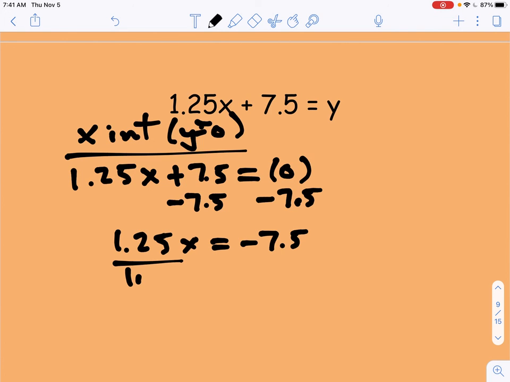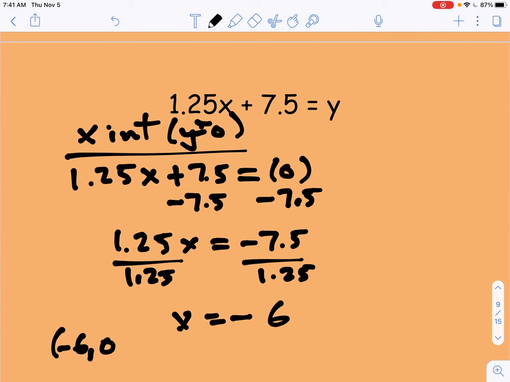We're going to divide both sides by 1.25. 1.25 goes into 7.5, I want to say 6 times. Yeah, 6 times. So you have x equals negative 6, because you have a negative divided by a positive. So my x-intercept is going to be the point negative 6, 0.